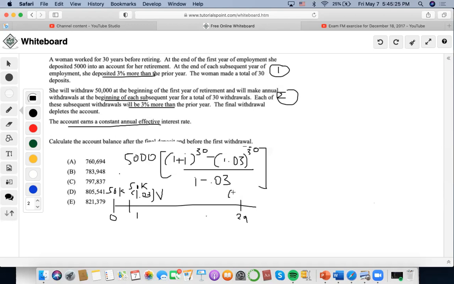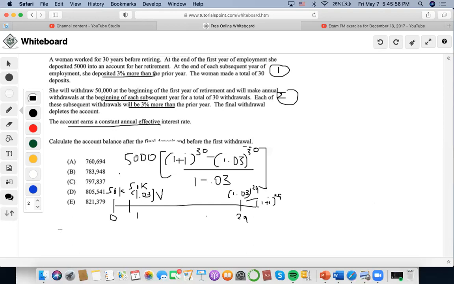which will be 1.03 to the 29th over 1 plus i to the 29th. And of course, this whole thing multiplied by 50K. Now, what we can do is that we already found out that our common ratio is 1.03 over 1 plus i.